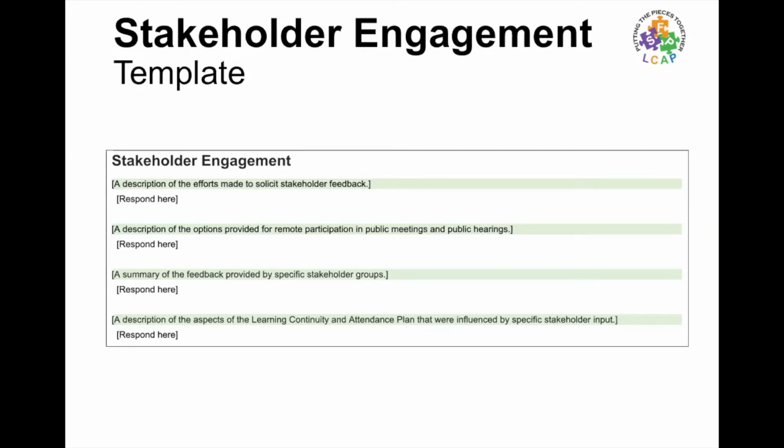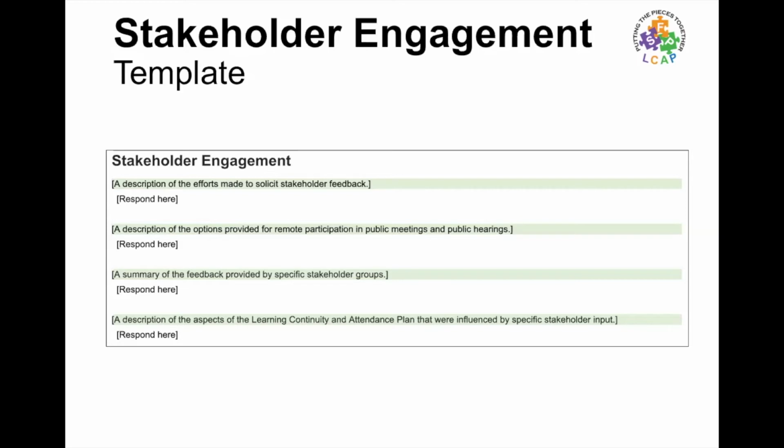And so with the Learning Continuity Plan, meaningful stakeholder engagement will allow for all stakeholders to have a deeper understanding of the current needs and possible solutions, and will also allow the LEA to make more informed decision-making and create a greater trust between the LEA and the stakeholders.